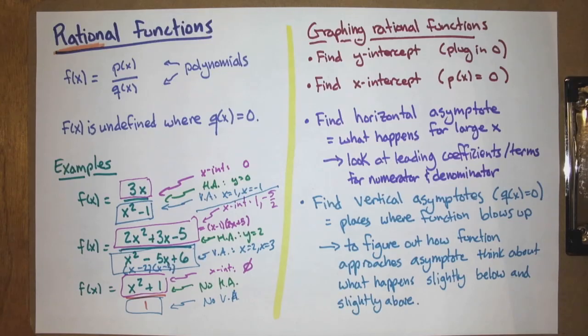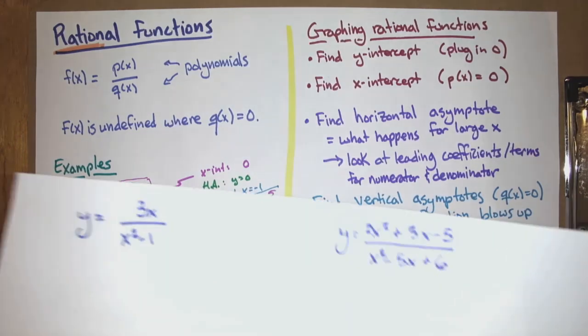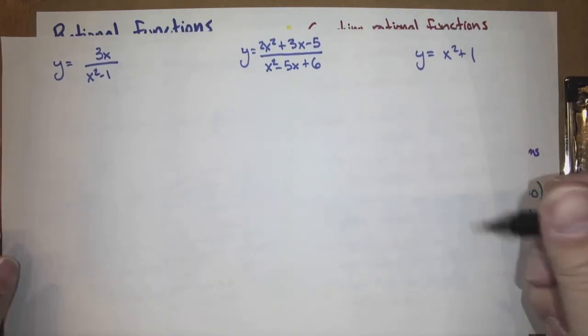Now, when it comes to graphing, you have to think about how we approach the vertical asymptote. The answer to me is I just say, well, imagine I'm a little bit below or a little bit above. What's the sign? So we can graph some of these functions. x squared plus 1, I think we know what that looks like.